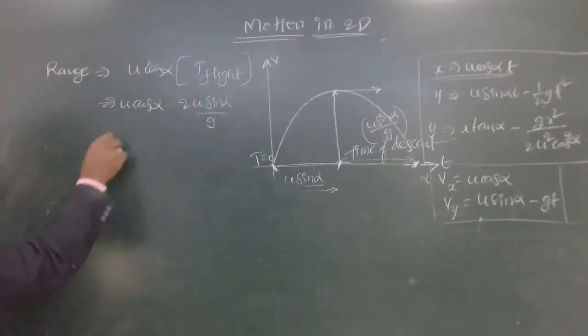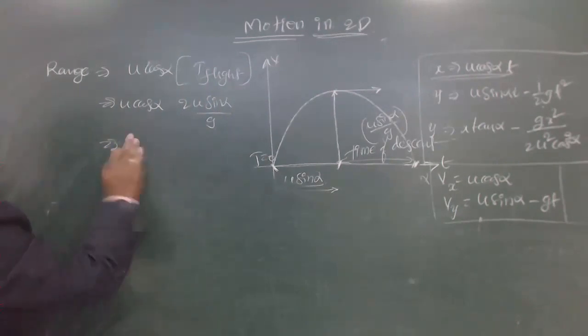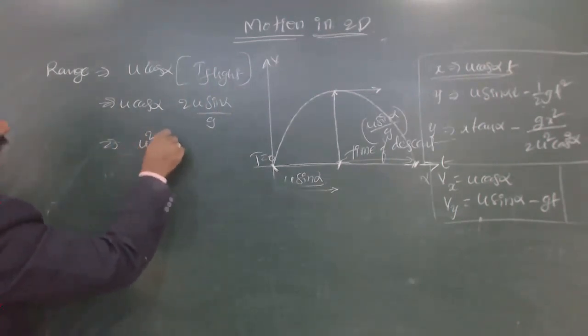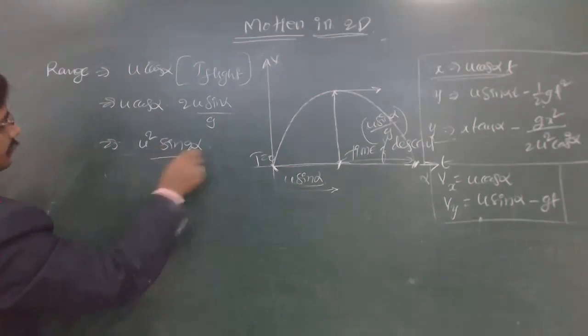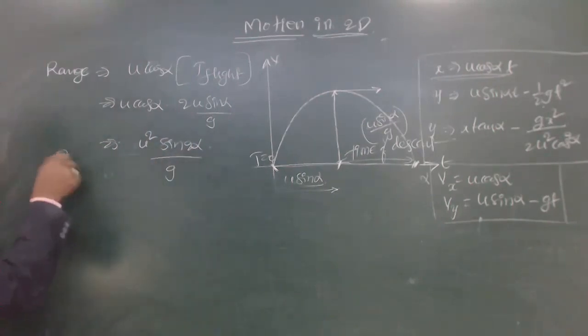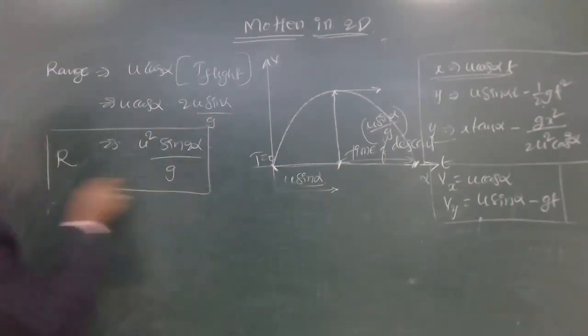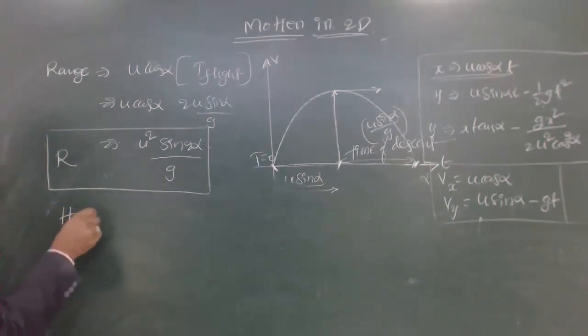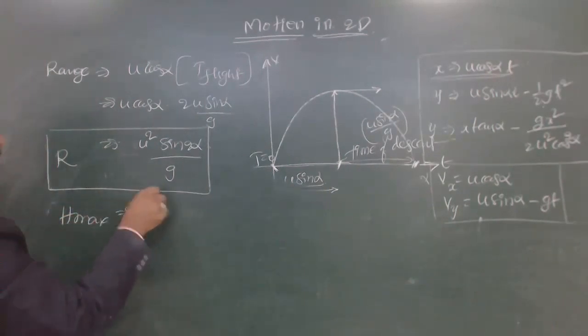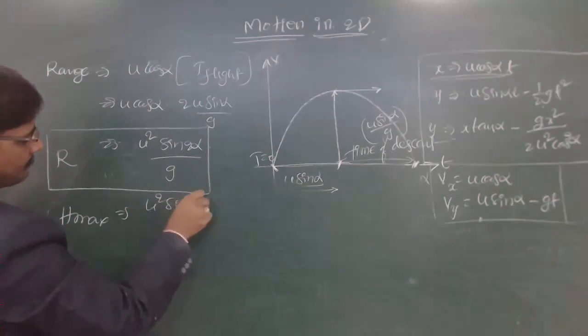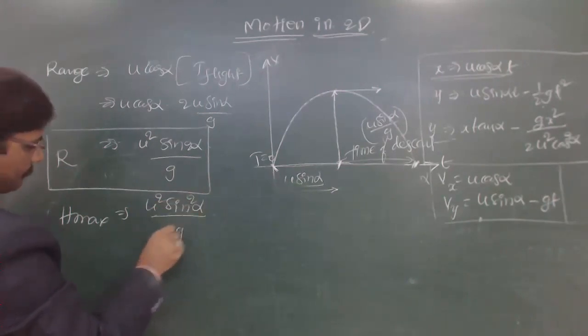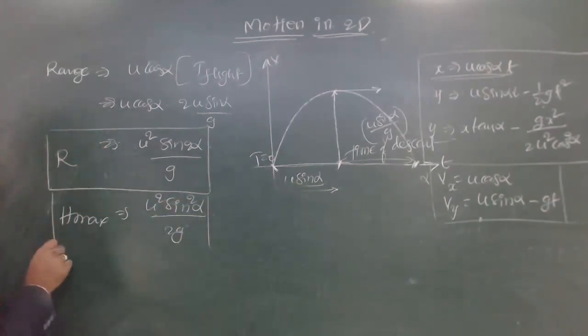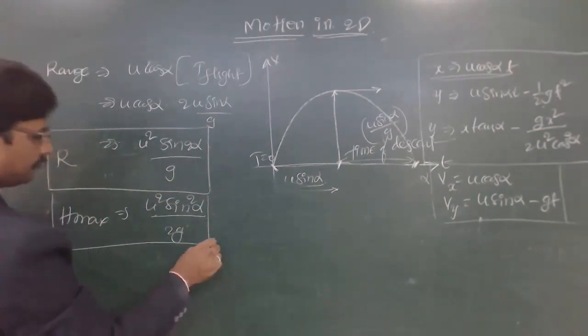Here 2 sin alpha cos alpha, so this is u square sin 2 alpha by g. So this is the range. H max we have got as u square sin square alpha by 2g. This is the H max.